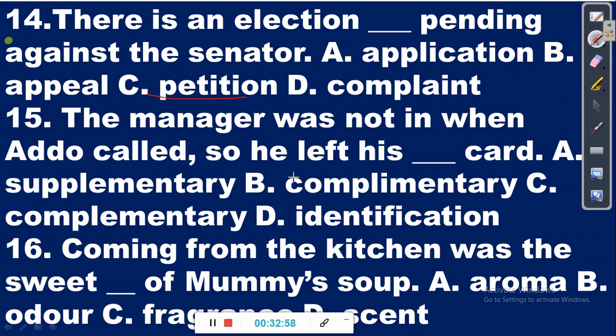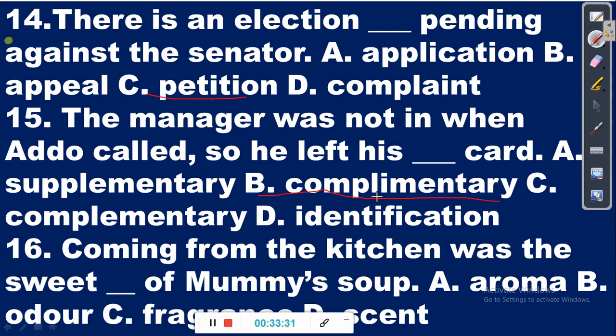Complimentary actually is what fits in here, because when we look at the word complimentary, it is derived from the word compliment. To compliment is to praise or to show approval, but complimentary here fits in with card, because a complimentary card is really the card that contains your name, your position in your organization, the kind of business that your company is into, and all that.